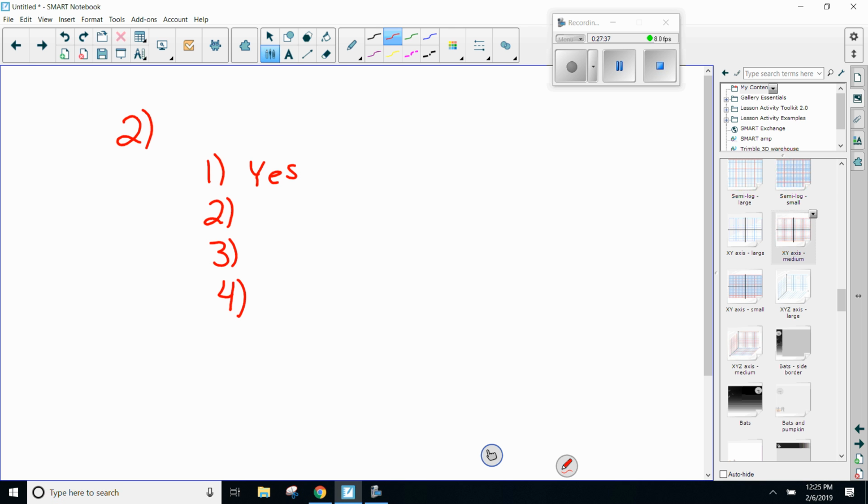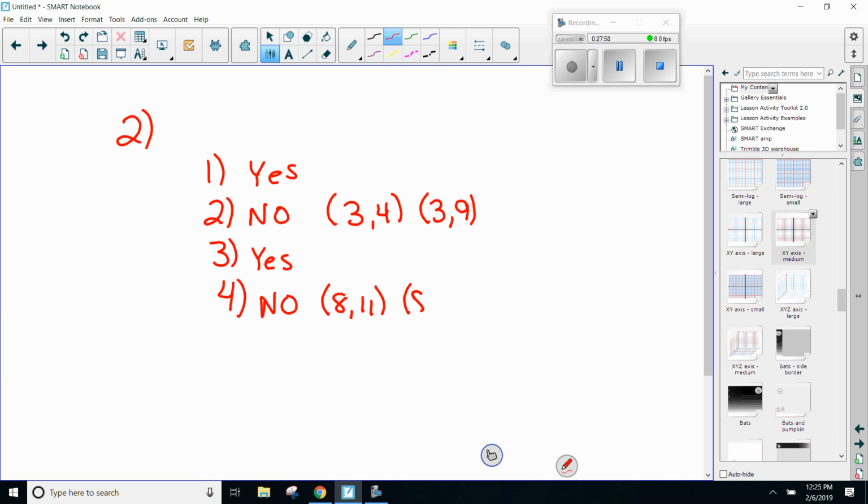No. Why? You have 3, 4 as a point, and you have 3, 9 as a point. Is 3 a function? Yes, it is. Is 4 a function? No, it is not. Why? You have the coordinate point 8, 11, and you have the coordinate point 8, 19. And because of that, that is not a function.